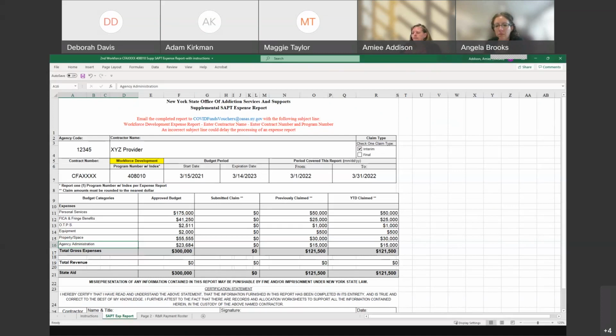What the 25% advance holds you to is that we won't send you more money until you've submitted receipts that are equal to the 25% advance. And then at the point where you submit your next claim that is for more money than your 25% advance, that's when you'll start getting reimbursed dollars again. So hopefully that helps explain that. But we'll also put all that in the Q&A too.